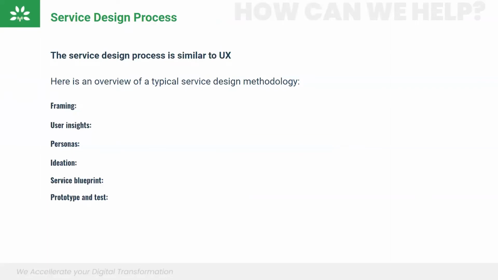The service design process is similar to UX, where we have an overview of a typical service design methodology. We consider framing, user insights, where we spend time with users, understanding their processes, understanding what they want, creating an empathy map for that user, studying the personas, the people who are going to use the services.